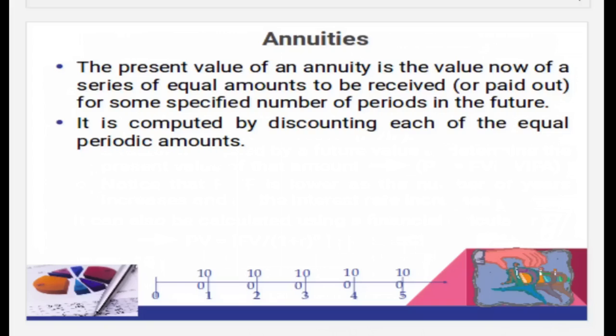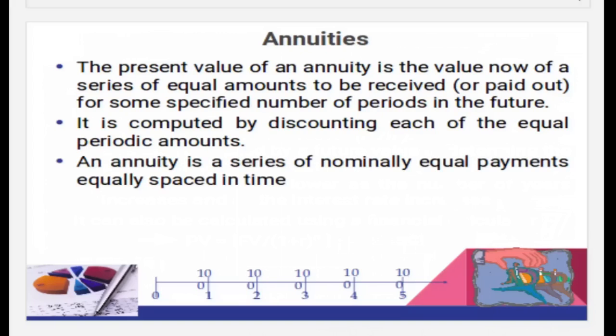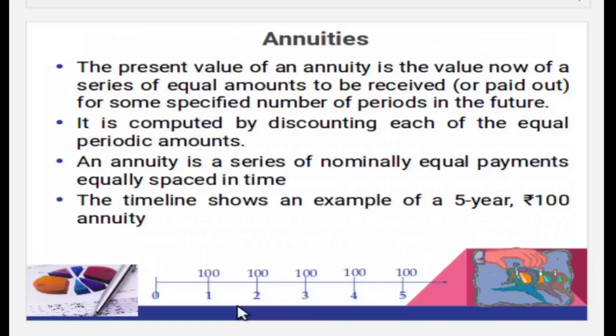It is computed by discounting each of the equal periodic amounts. An annuity is a series of nominally equal payments equally spaced in time. The timeline shows an example of 5 years in which a rupees 100 annuity is equally spread.